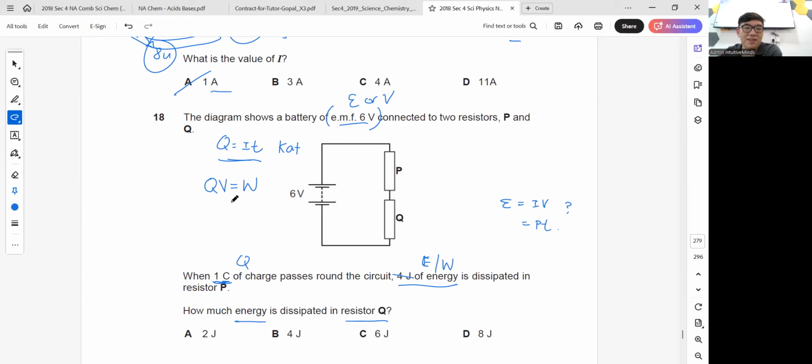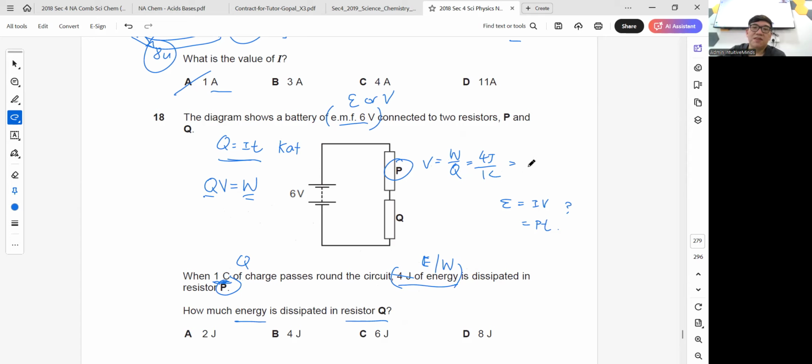So how do we use that? We have work done here. Okay, we have coulomb 1. So what do you think this is for P, yeah? So for P, what do you think we can find from P? Voltage should be how much? 4 joules per 1 coulomb.